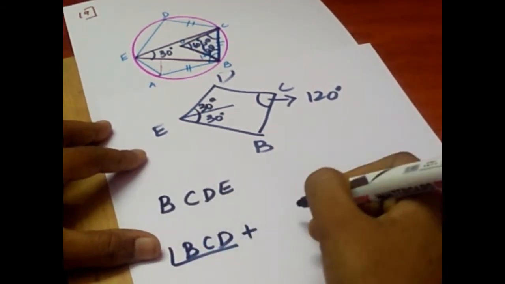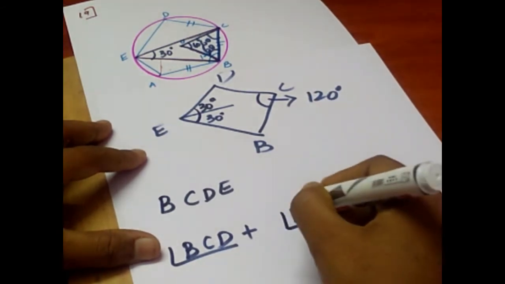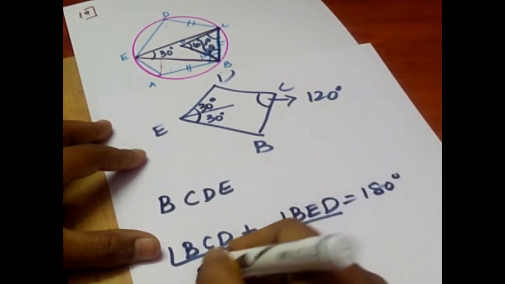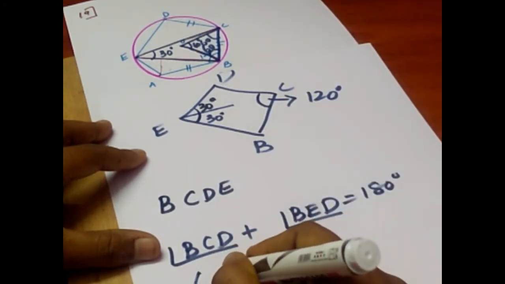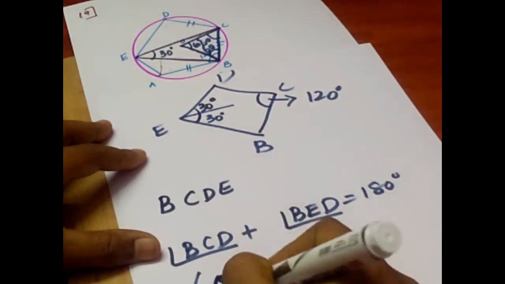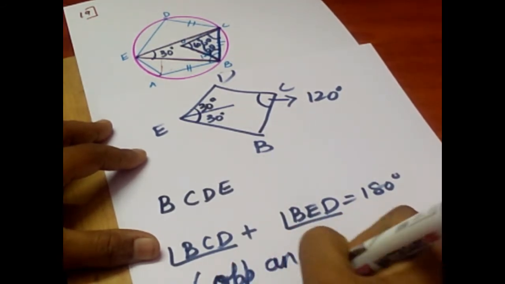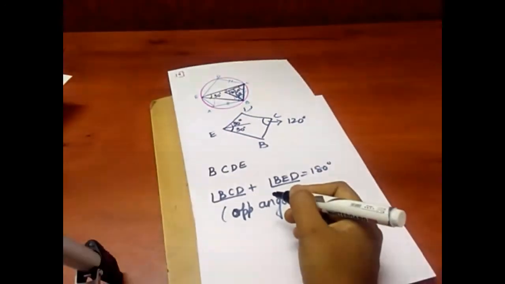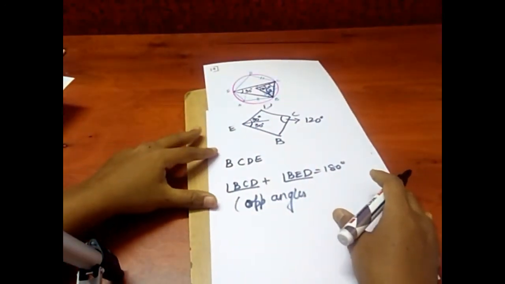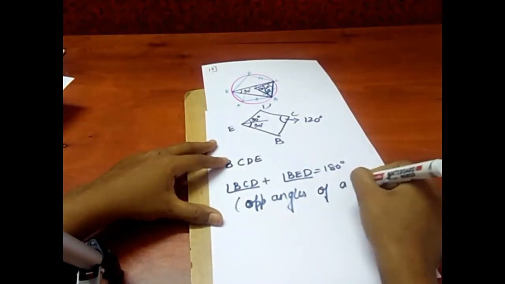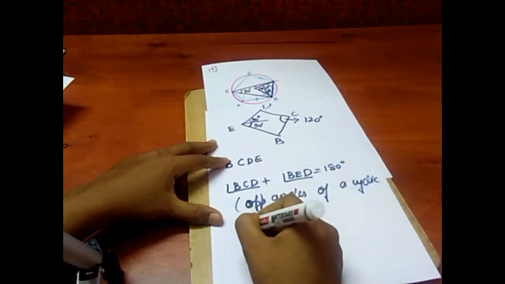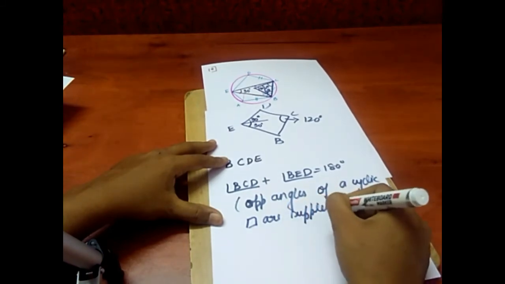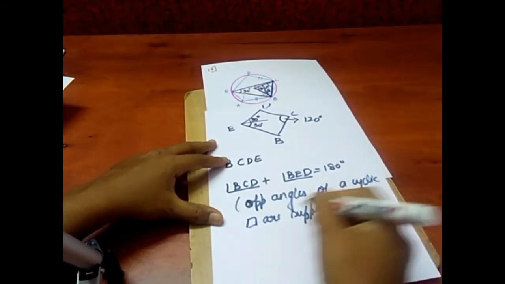Angle BCD plus angle BED is equal to 180 degrees. Opposite angles of a cyclic quadrilateral are supplementary.